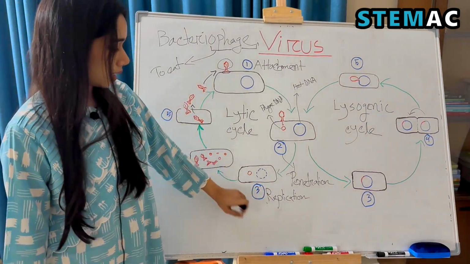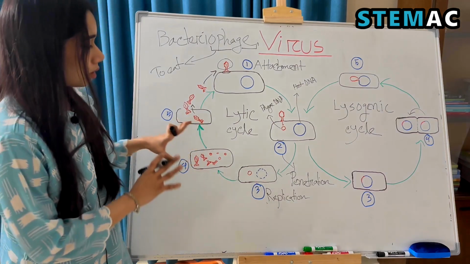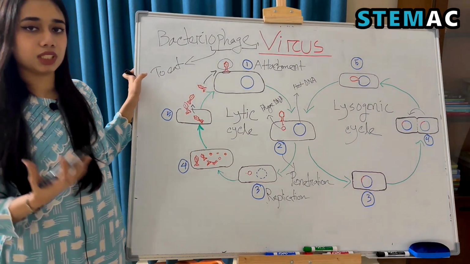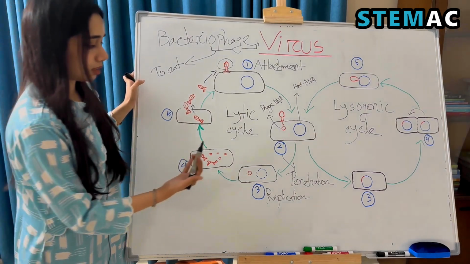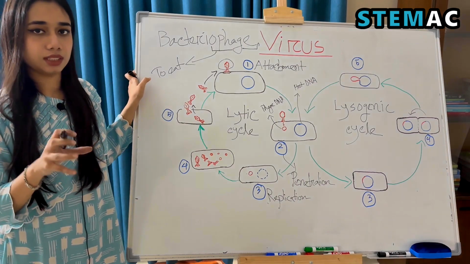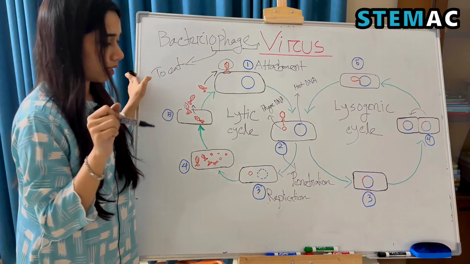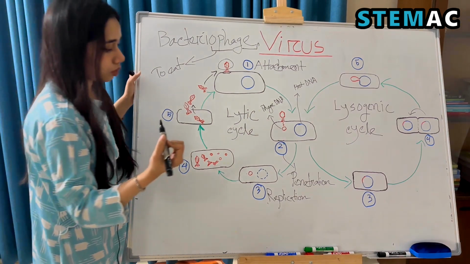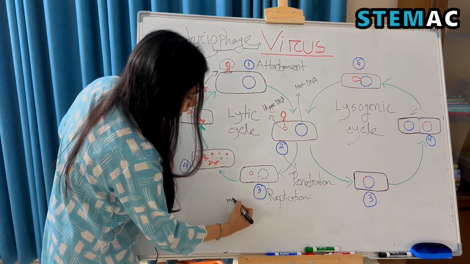In this step, the phage DNA will use its promoter sequence to attract the RNA polymerase of the bacterial DNA, and with that RNA polymerase, they will make mRNA.